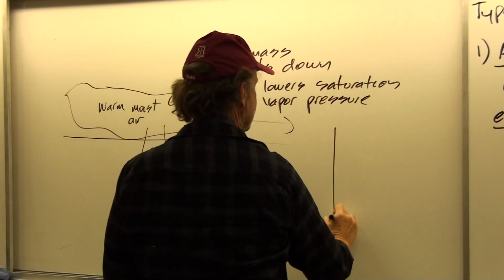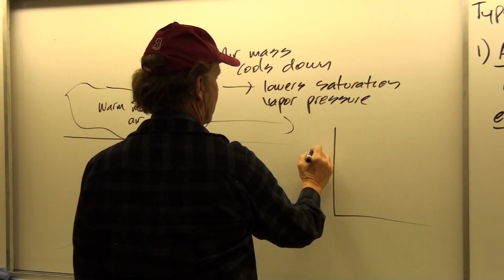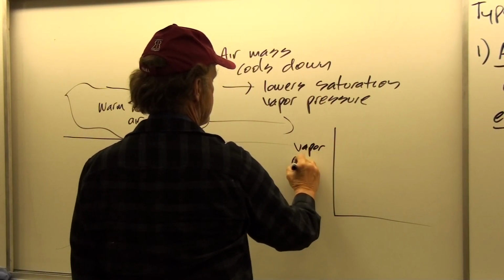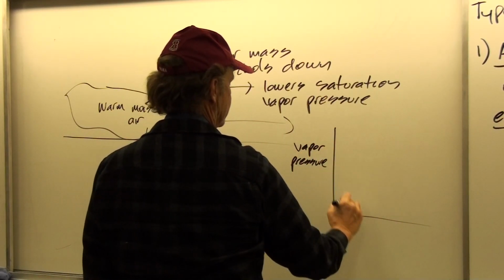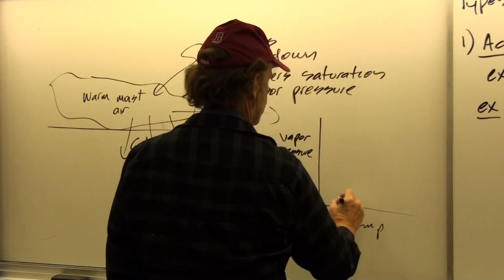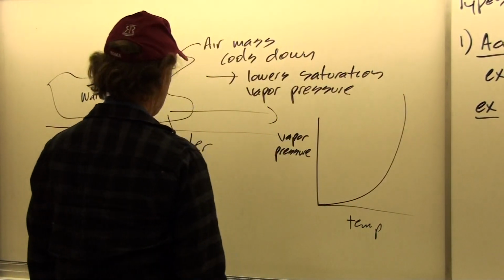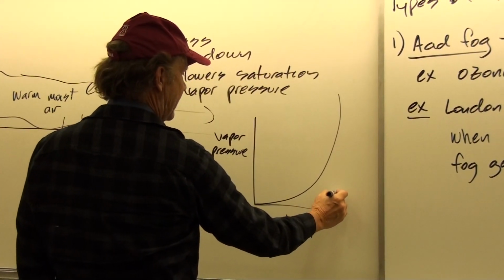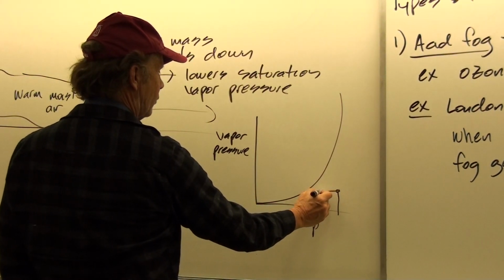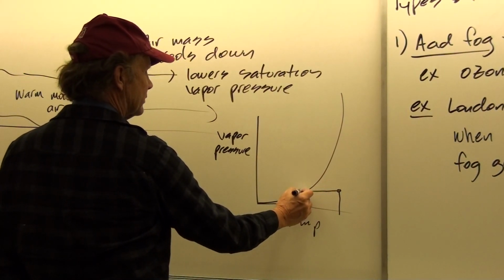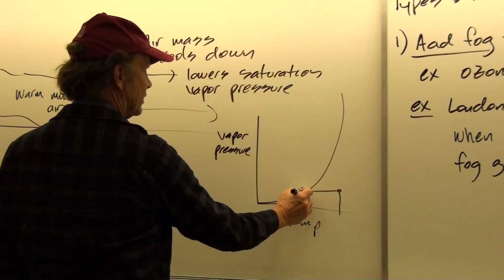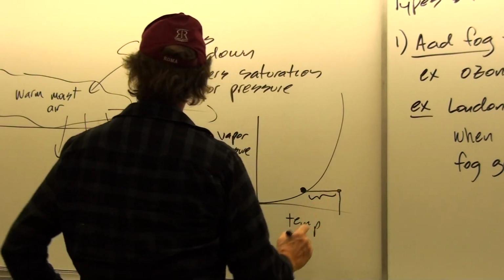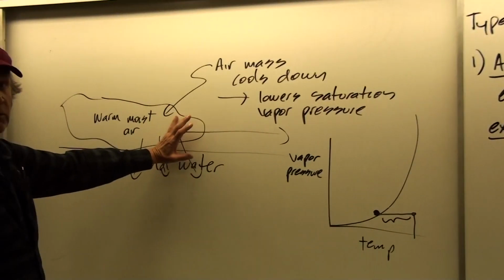As we saw in that last plot, here is our vapor pressure of the water. Here's the temperature, like this. And so we might be, say, over here, the air is at a higher temperature, but it moves over the water and the temperature drops until we reach saturation. So this is the temperature drop that is associated with moving over the cold water.